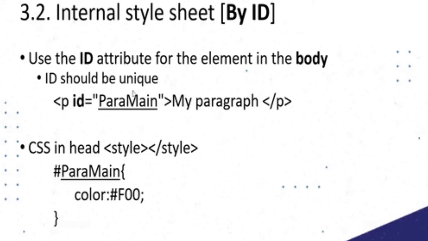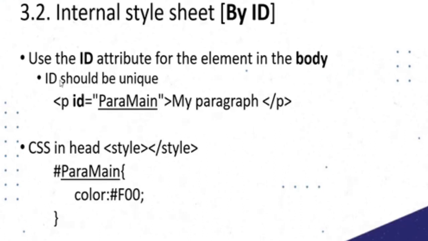For that ID, if that attribute is ID, in your style you have to mention hashtag and the name of that ID. So para main, you are giving this color, right? Only for this particular paragraph, you are giving a different color.